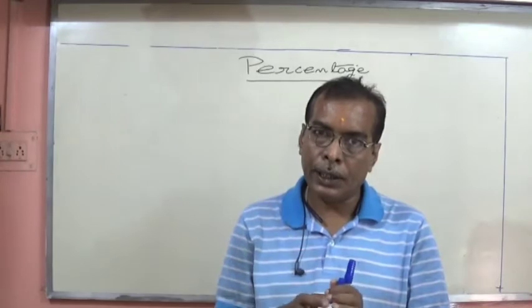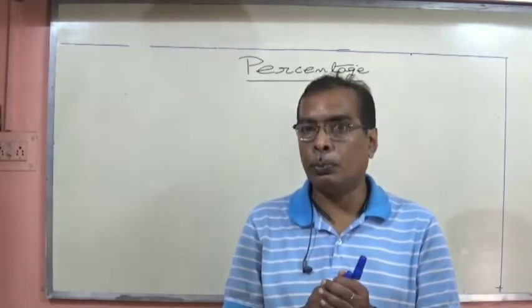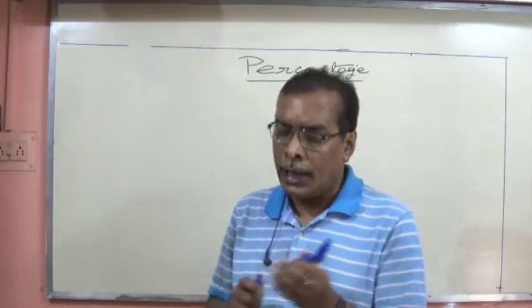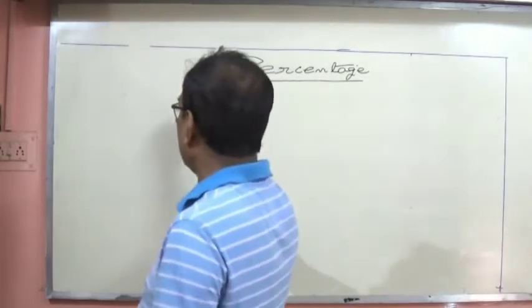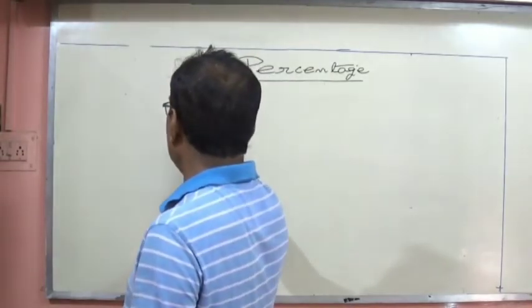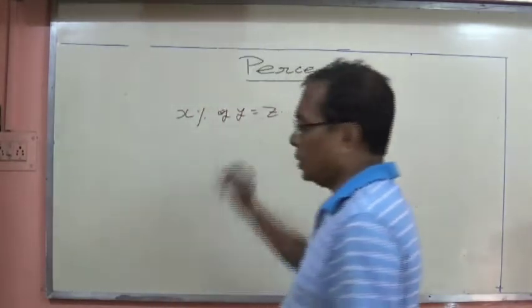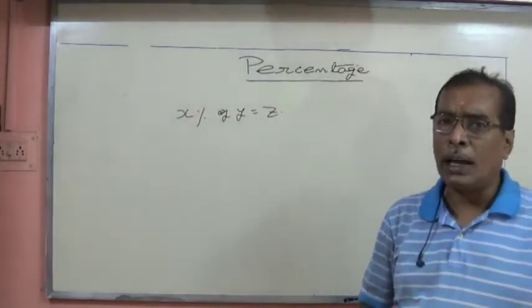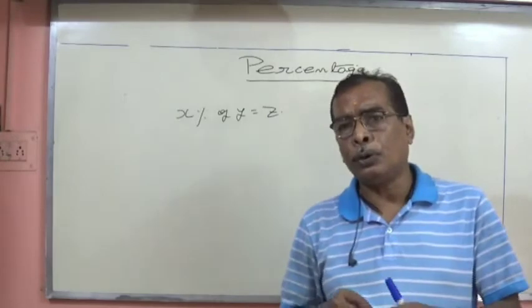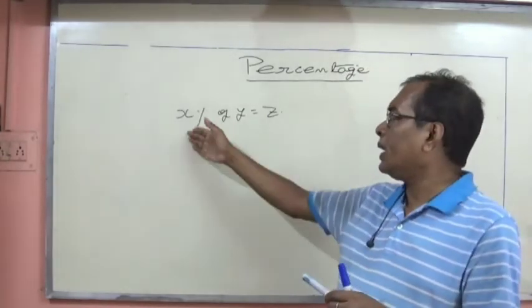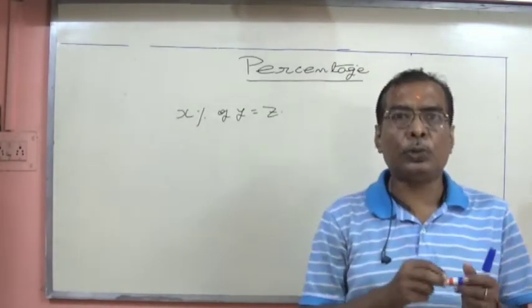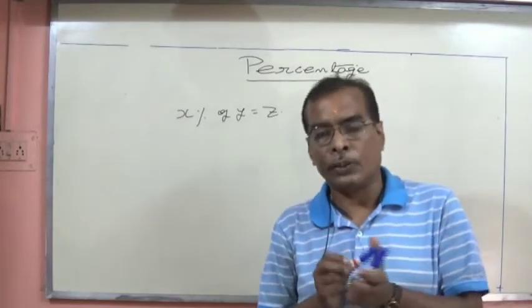We will have to find how many games were played. On the first day I gave you a formula, x% of y is equal to z. Everywhere you will have to compare which one of x, y and z is given and which one they are asking to find.